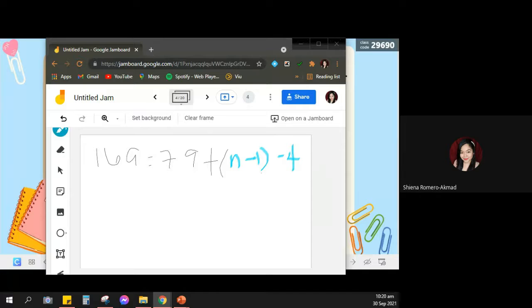Ginamit natin yung general term. Sinubstitute natin sa A sub n, sinubstitute natin sa A sub 1, and yung difference. Report lang ako ng attendance natin. Tignan mo sa section ko.